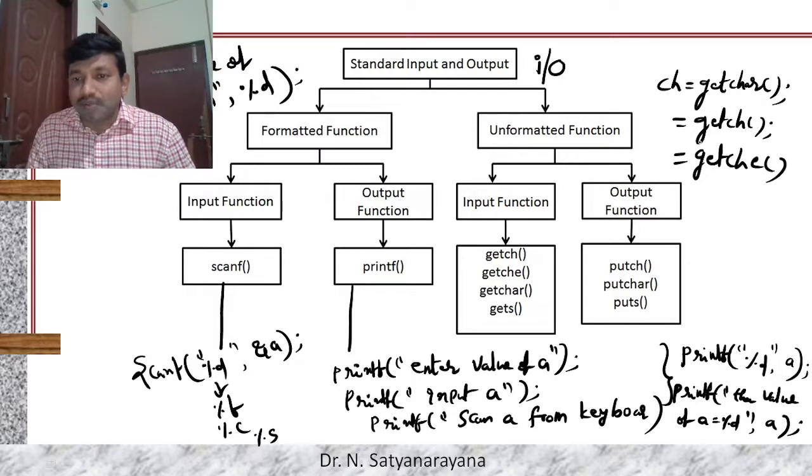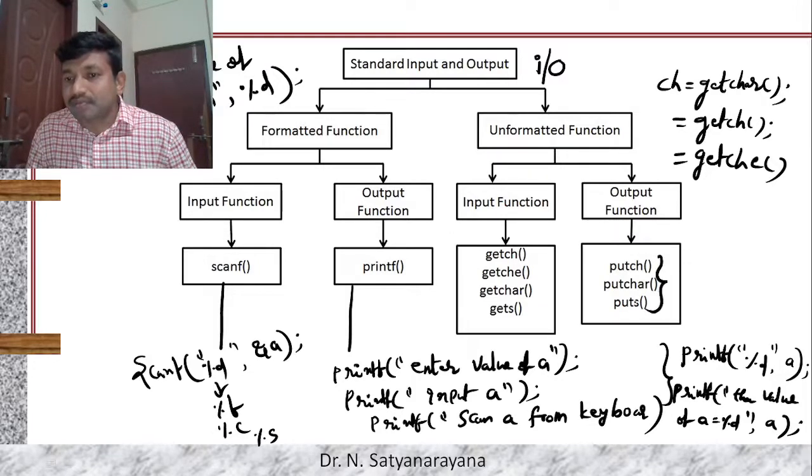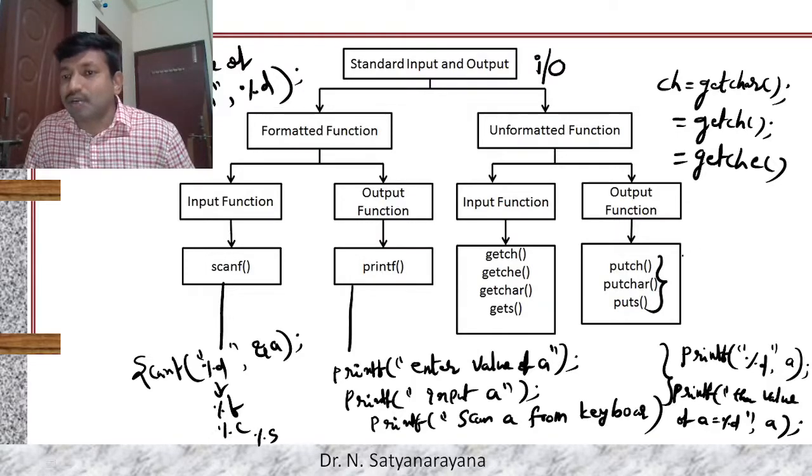The same with the output functionalities: putch, putchar, and puts. So you don't have any choice. For example, I want to print a character, say I use putch on screen, the character a. That's it. Simply place it in single quotes. You write this and it will be printed on screen. You don't have customization to print the a value.